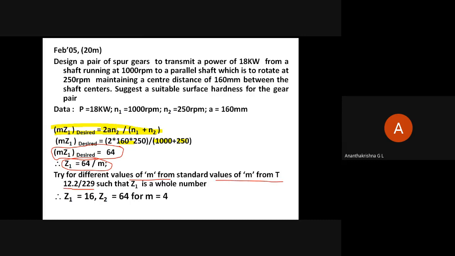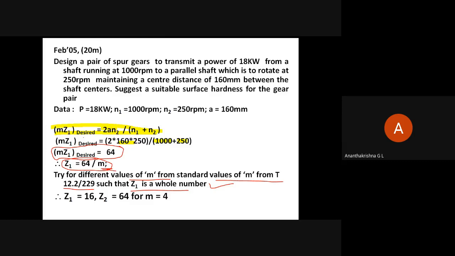We have standard modules in table 12.2, page number 229. So choose the module such that z1 is a whole number. Are you with me?